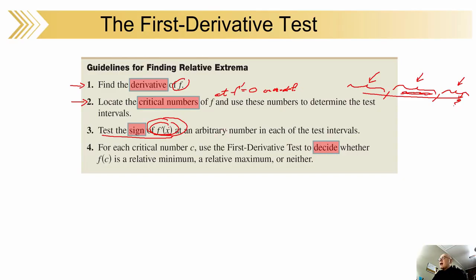Note that it won't be 0. It has to either be positive or negative. The 0 values are what give you the critical numbers. The signs in those intervals tell you what the derivative is, what the function is doing. For each critical number, you're going to decide whether it's a minimum or a maximum on that interval, or maybe it's neither one.